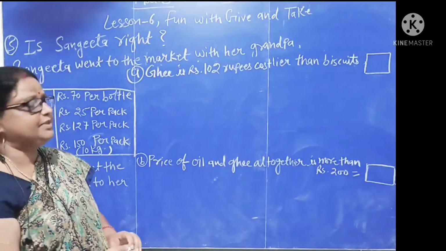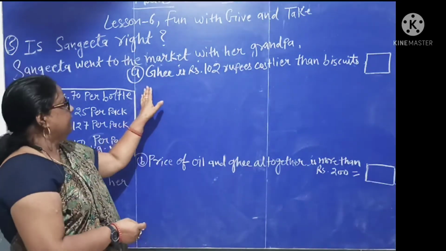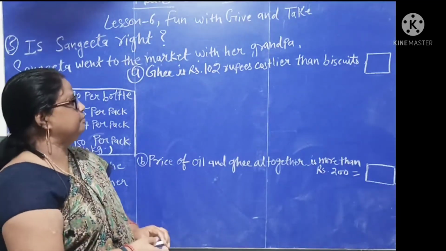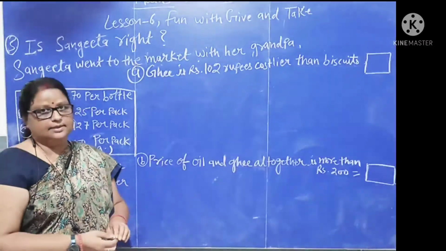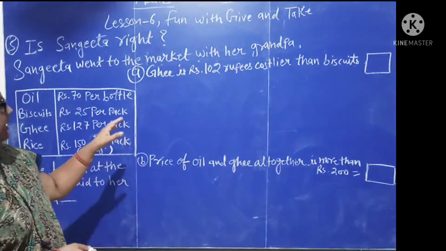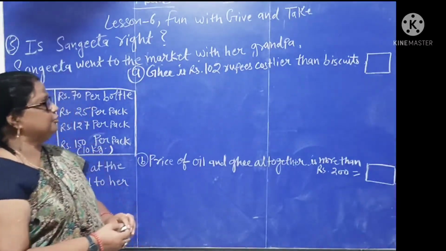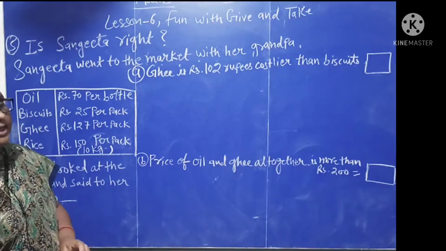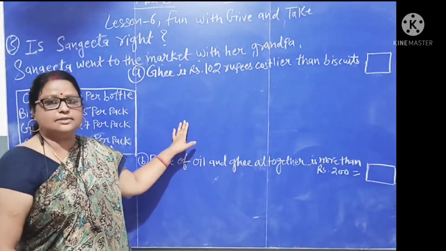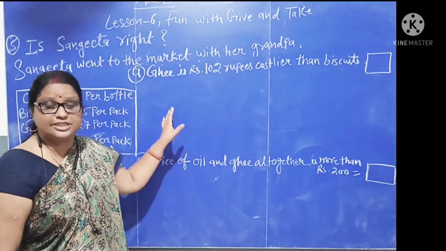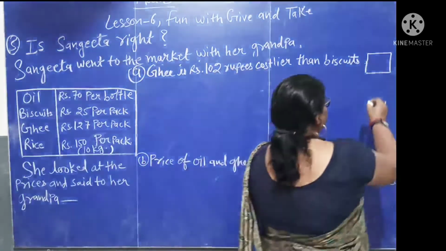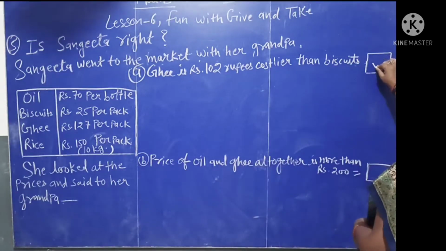What did she say? She said, A. Ghee is rupees 102 costlier than biscuit. If Sangeeta's statement is right, we put a tick in this box.